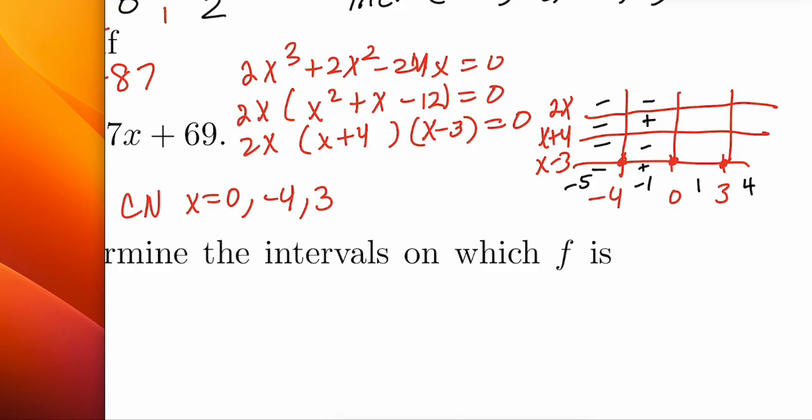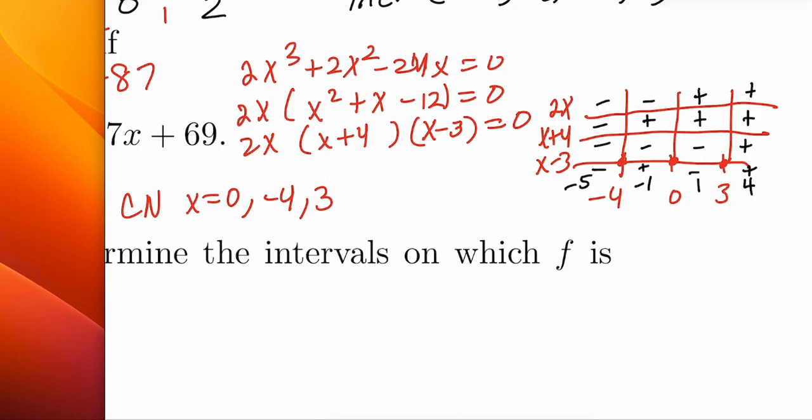Now let's plug in 1 to each of those and determine what our sign is there. If we plug 1 into each of those, we get a positive and a positive and a negative. 1 negative gives us a negative. And then if we plug in 4 to all of them, we get positives down the board. All positives are going to remain a positive.